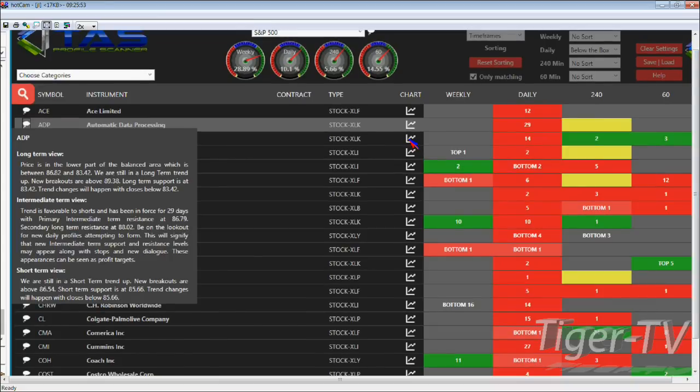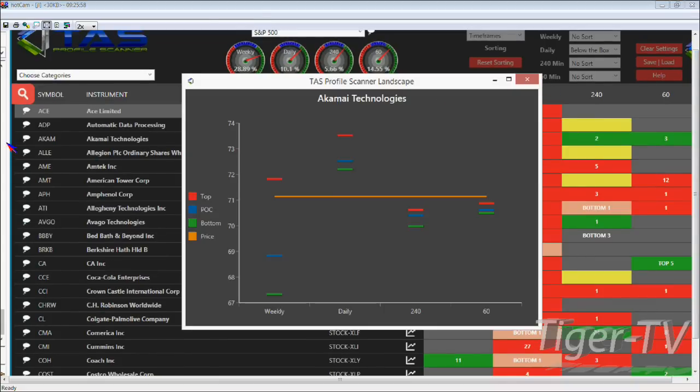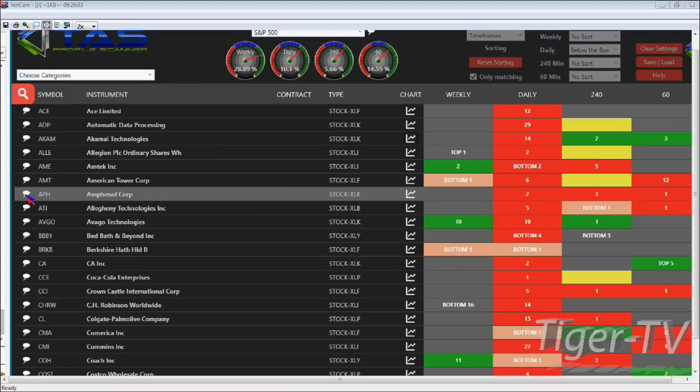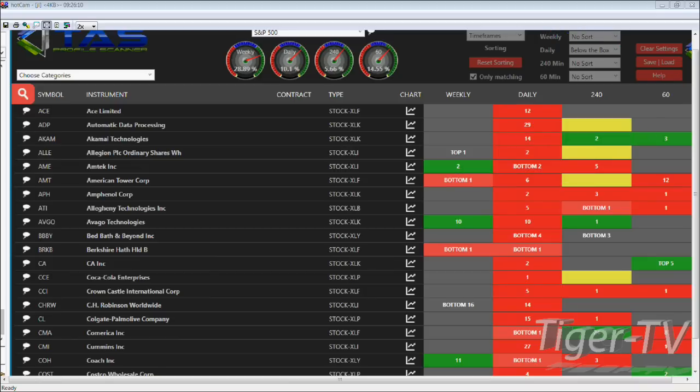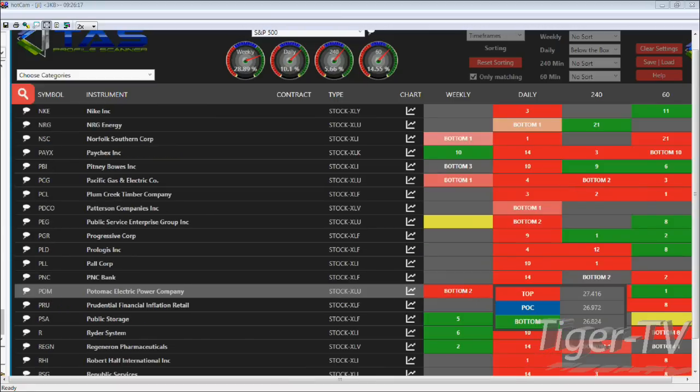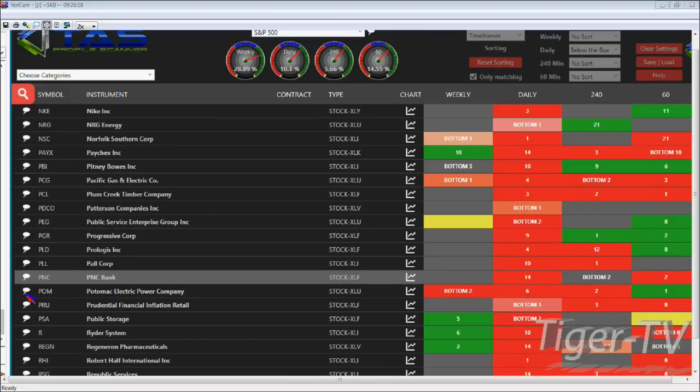You can come in here and look at where the multi-profile landscape is, but also get some biased opinion of whether you're really supposed to look at this from the long side or short side. But the good news, Tom, is that you come in here, you find what you're looking for on the filters, and then let's just say we're looking at Potomac Electric Power here. You come in here and you're looking at what do I do with this thing?